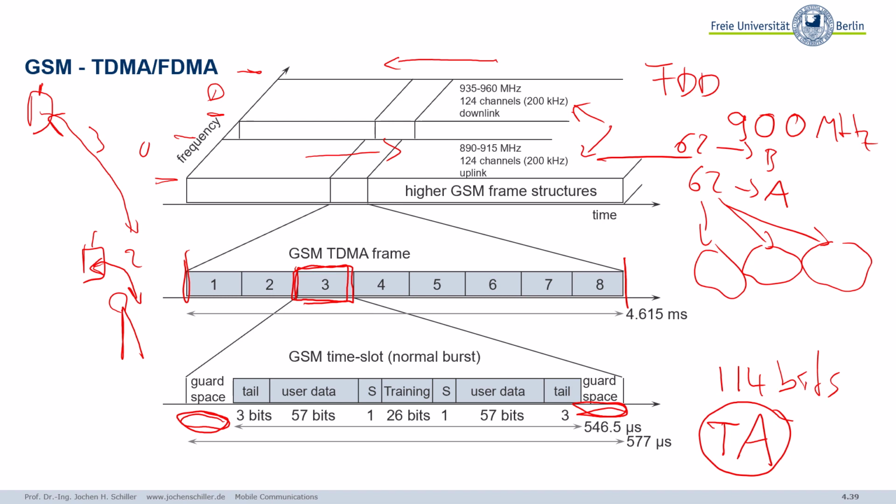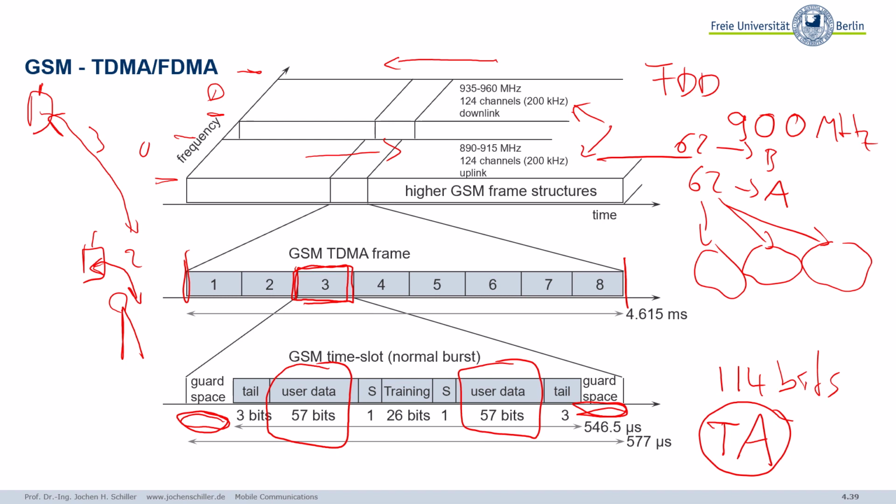Then inside the normal burst, you see there's a tail, user data, certain additional bits, training data, user data, tail, kind of a symmetric setting here. So what we are really interested in is the user data. 57 bits here, 57 bits there, 114 bits altogether. If we want, we can further subdivide a single slot into 2 parts of user data.